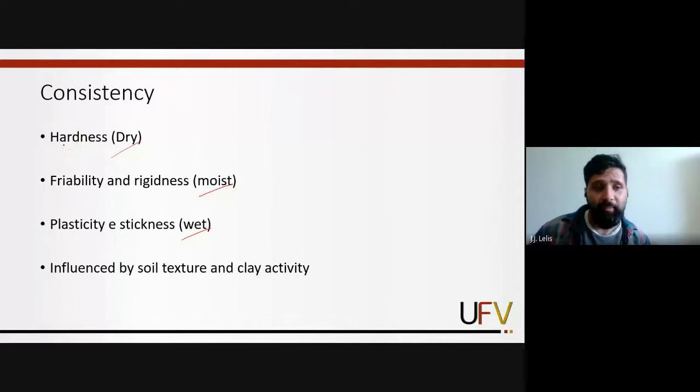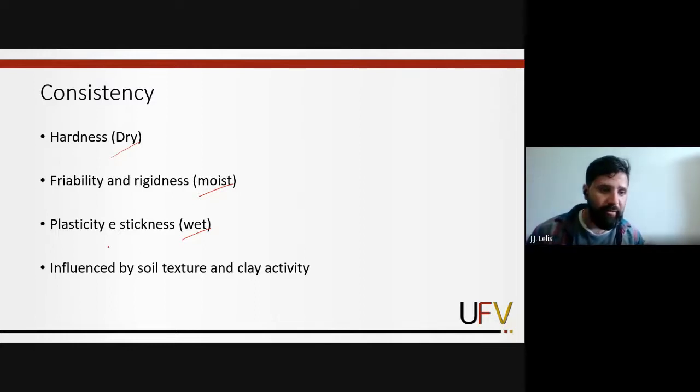It's quite important, especially if you work in a field where you interact with the vegetation cover and the soil properties, because it helps a lot to understand how vegetation could be favored or avoided in an area, according to the consistency of the soil.